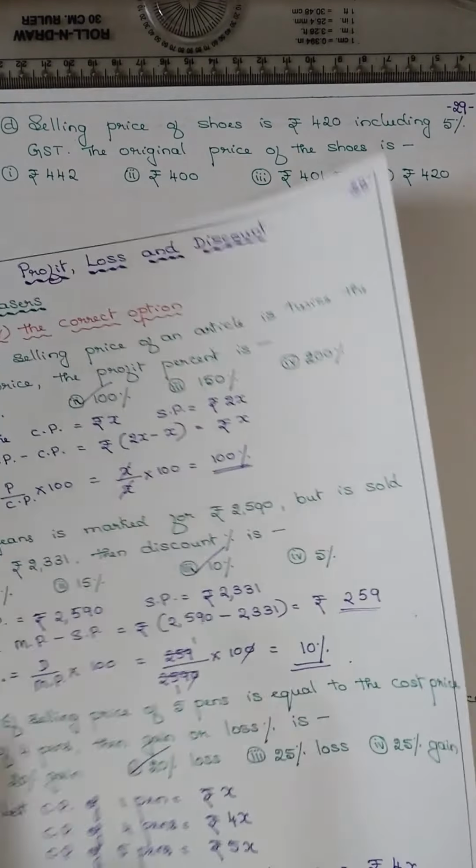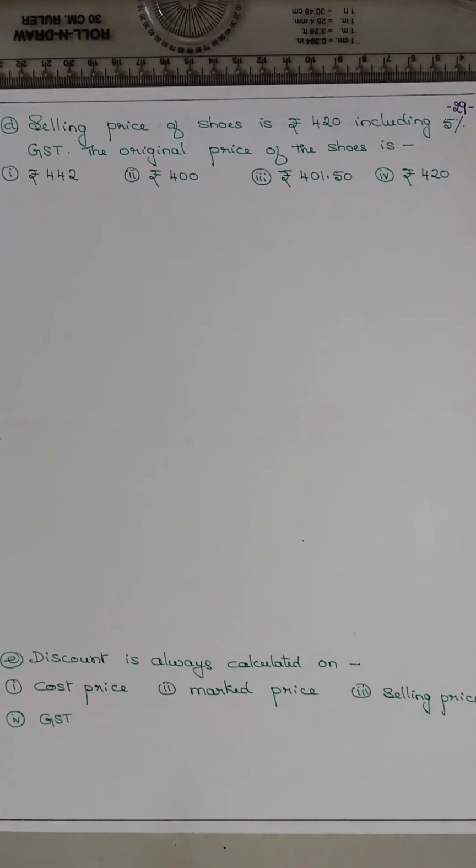That was question number C. Now coming to question number D. The selling price of the shoes is rupees 420 including 5% GST. The original price of the shoes will be how much? You don't know the original price. Always the GST is on the original price, isn't it?